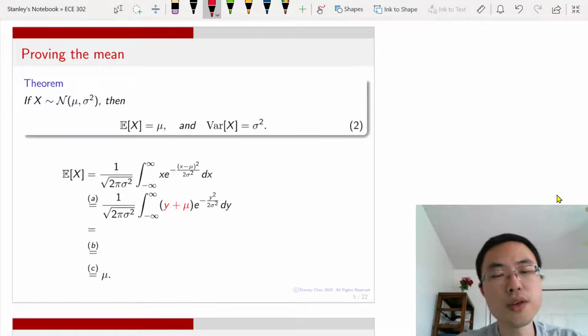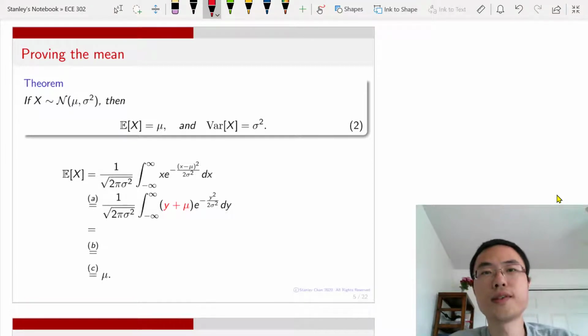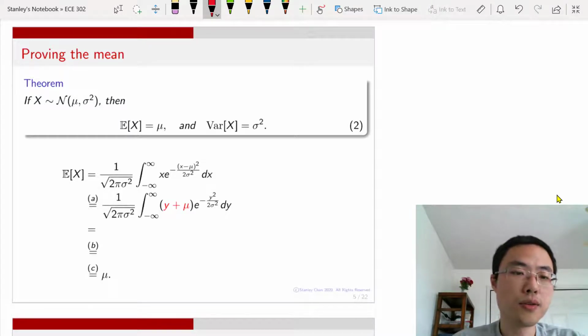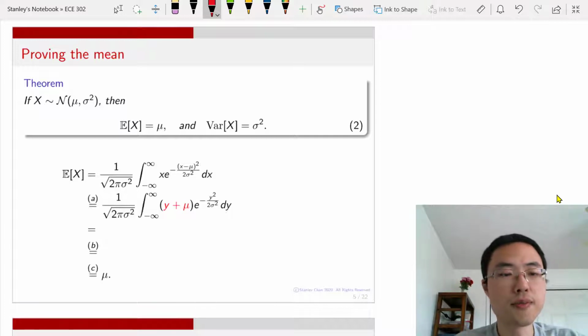Now, as I mentioned, this is a once-in-a-lifetime exercise, and you need to do it once to make sure that you know what it is. Afterwards, you can just use this fact in your work. So, what is the expectation of x?